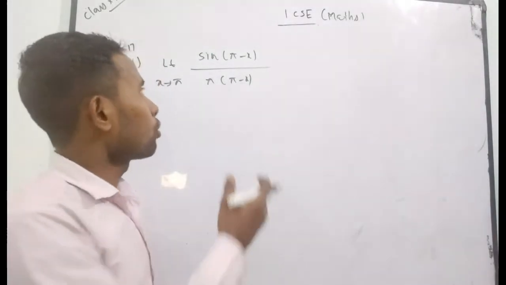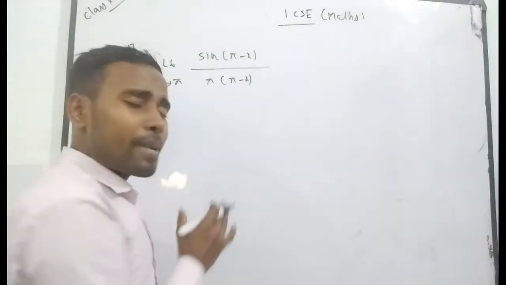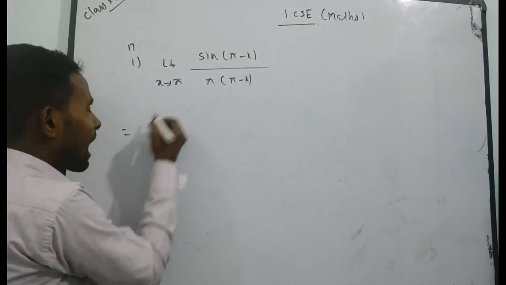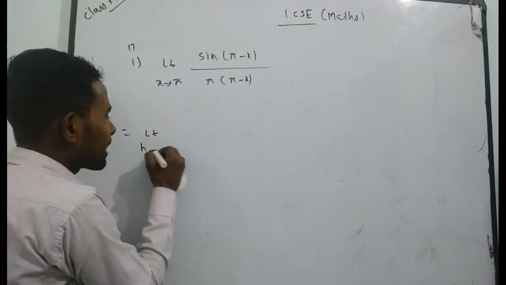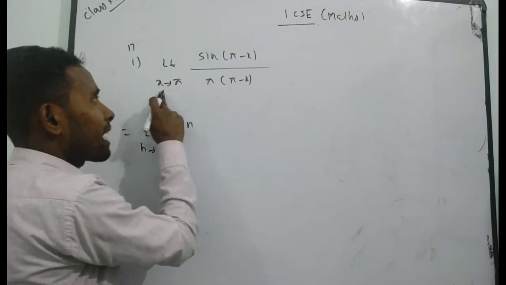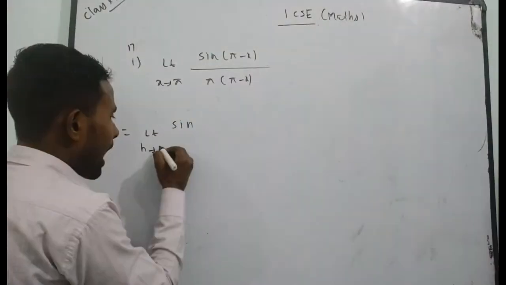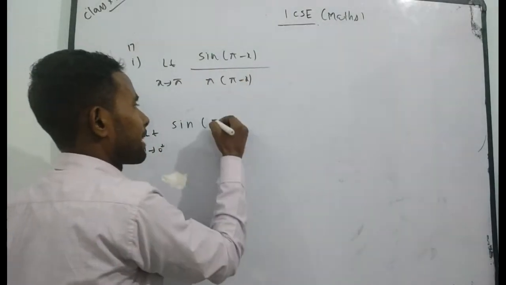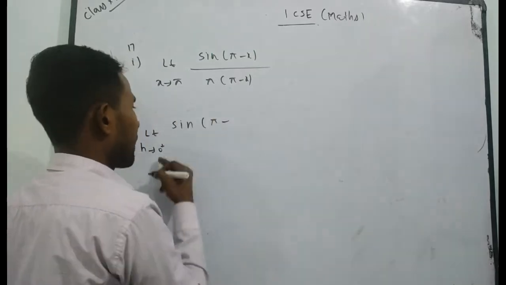As I already told you, RHL becomes easier than LHL due to the negative sign. So I want to take RHL directly. When x tends to pi, then RHL will be limit h tends to 0 from the positive side, and x becomes pi plus h.